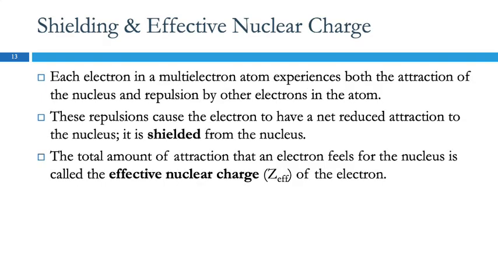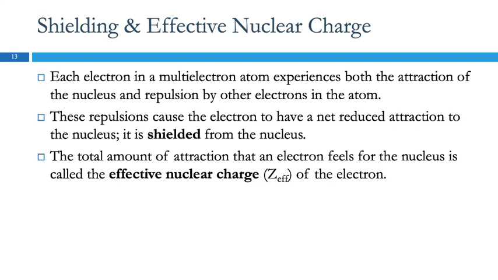So each electron in a multi-electron atom has attraction to the nucleus and repulsion from the other electrons. Because electrons all have negative charges, and two negative charges will repel each other. The nucleus is positive in charge and has an attractive force for the electrons.